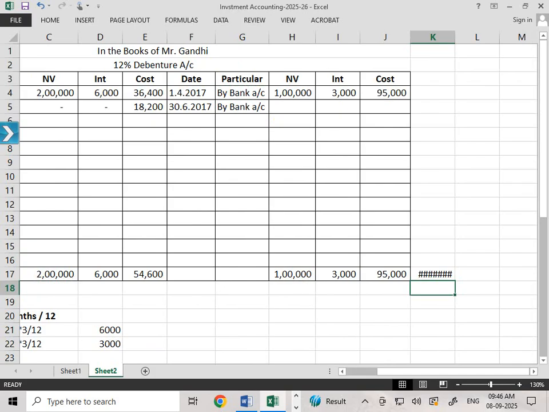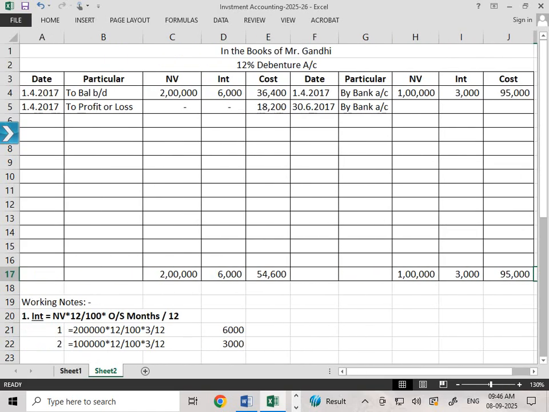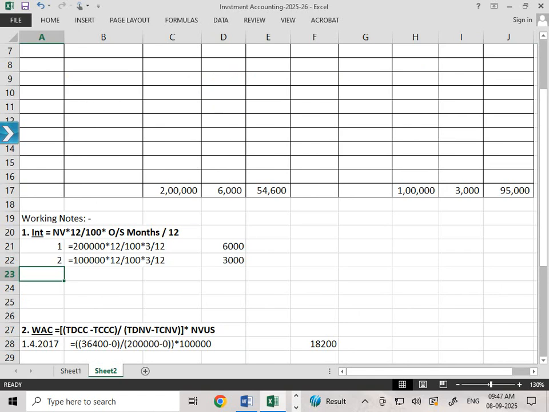Balancing figure is how much? 1 lakh. Last due date we received on 31st December. So from last due date outstanding, January, February, March, April, May and June. How many months? 6 months. So you can calculate that interest by applying the same rule.